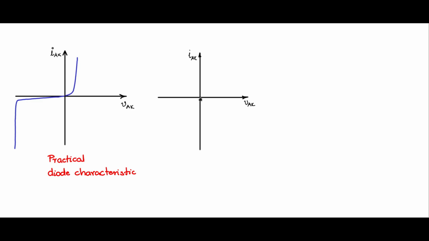And when the diode conducts, the voltage across the device has to be 0. So VAK has to be 0. So therefore, let us draw that portion of the characteristic, which will be like that. So this is the locus of the characteristic where VAK is 0. So the operating point can be any point on this, which is dependent on the value of IAK.